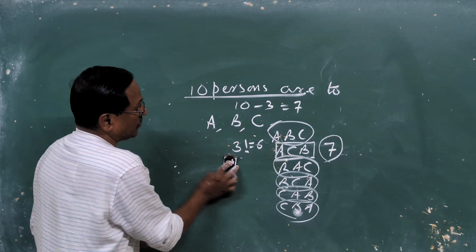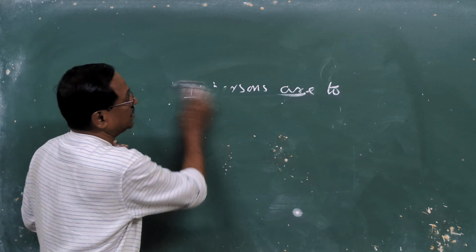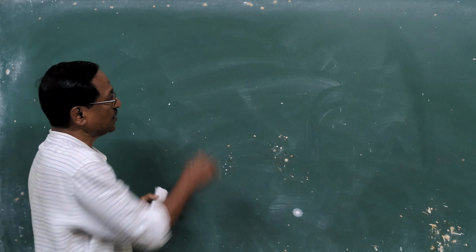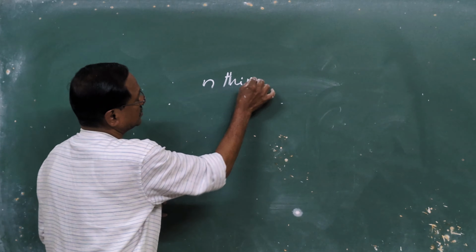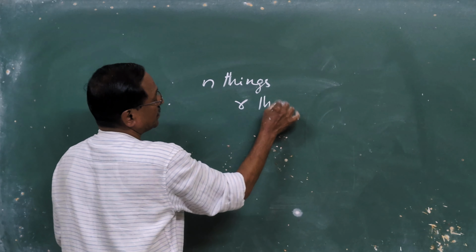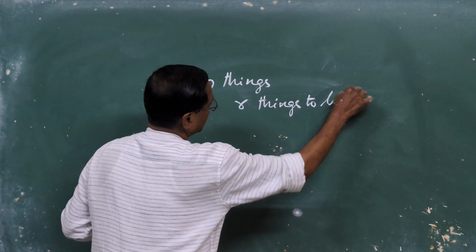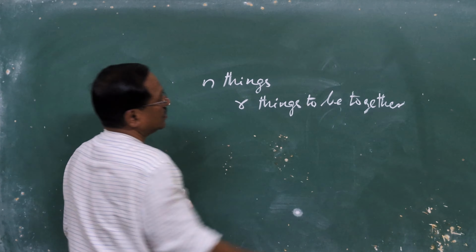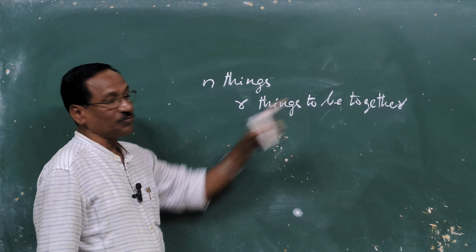This we can also generalize, and let us derive a formula to find the number of arrangements in such cases. Suppose there are n things and r particular things are always to be together. Out of the n things, r things are to be together.